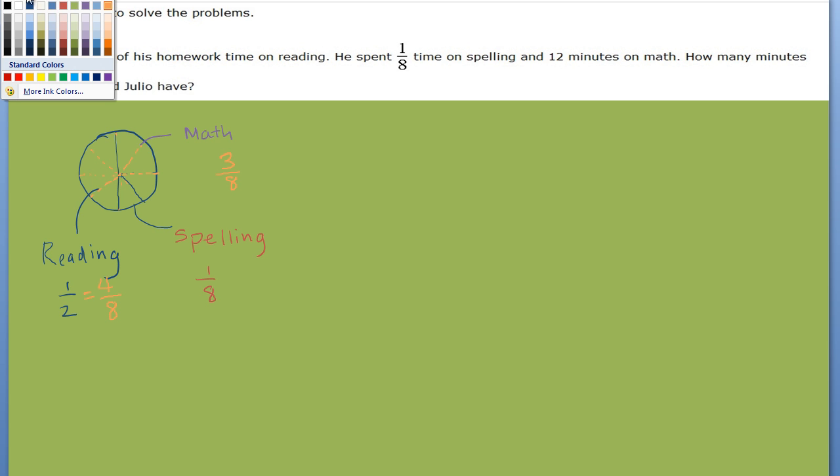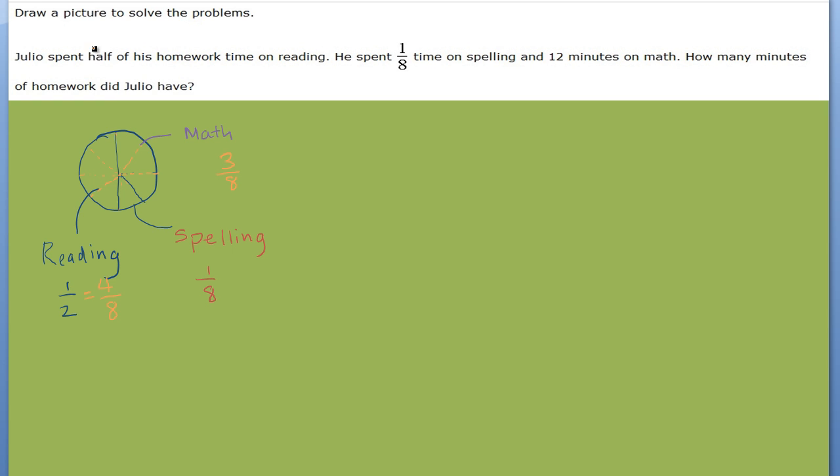Sorry if that's a little hard to see. I'll change the color. So 3/8 of his time was spent on math, which equals 12 minutes. Now I want to find out how much one slice of this 8-slice pie is worth.